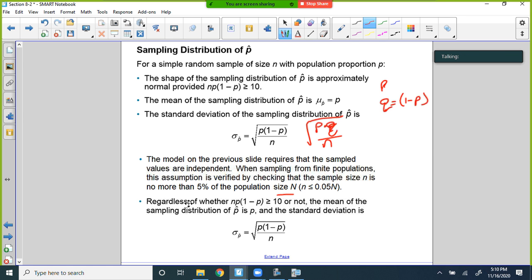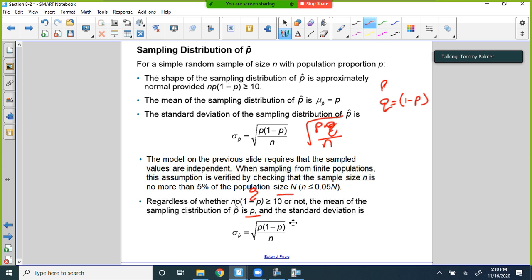So regardless of whether n times p times q is greater than or equal to 10 or not, the mean of the sampling distribution of p hat is p, and the standard deviation is the square root of p times q over n, right?